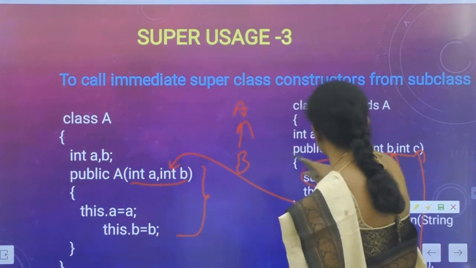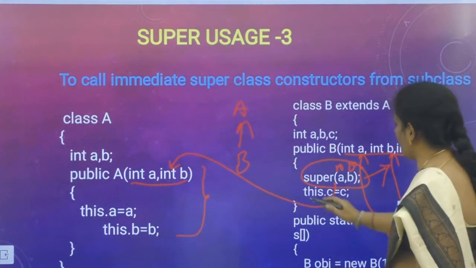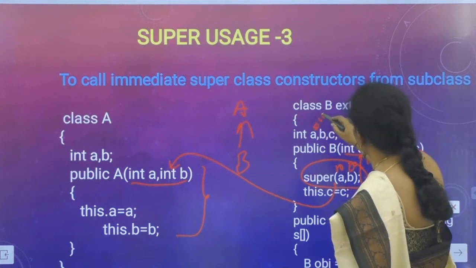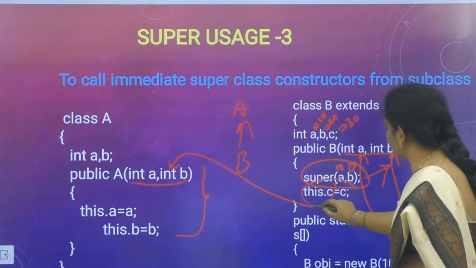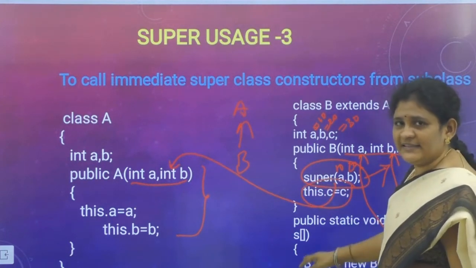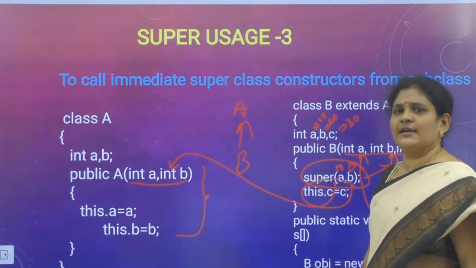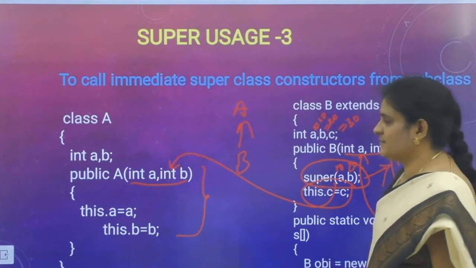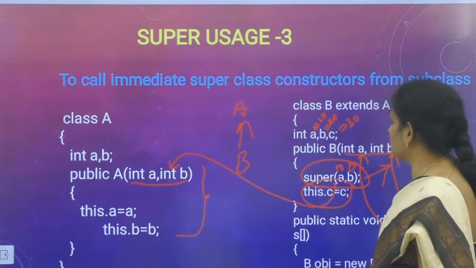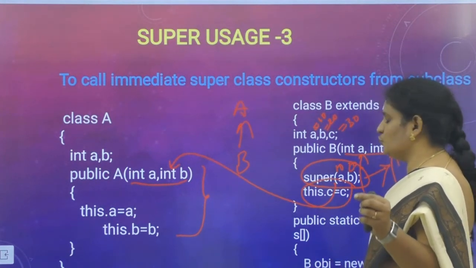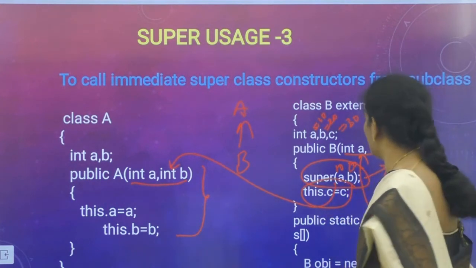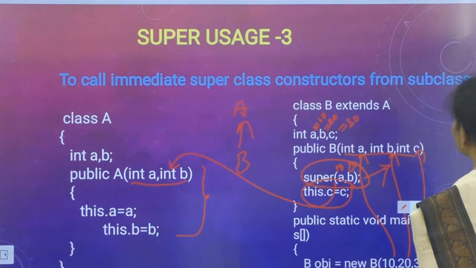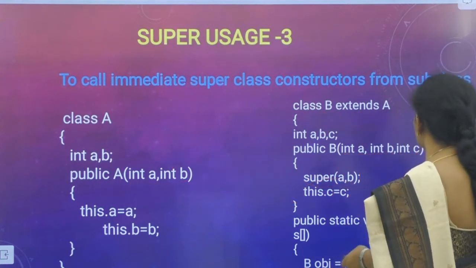After executing this, it will come back. Now A is having 10, B is having 20, and C is having 30. Like this we will be invoking the superclass constructors. If you want to invoke a superclass constructor, super is used to do that, but super should be the first statement inside the constructor. So these three are the different uses of the super keyword.